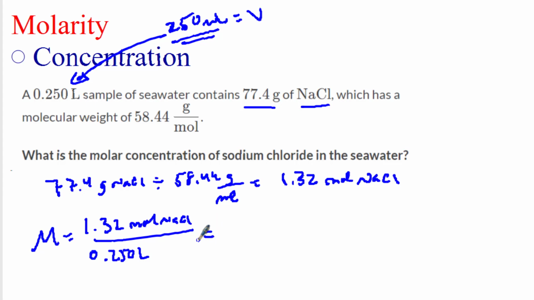And that 1.32 divided by 0.25 ends up giving me 5.28 molar of NaCl. Again, we put our units of molar. We could also put units of moles per liter, or we could call that big M, which is molar, of NaCl, and that is the molarity of that solution, okay?